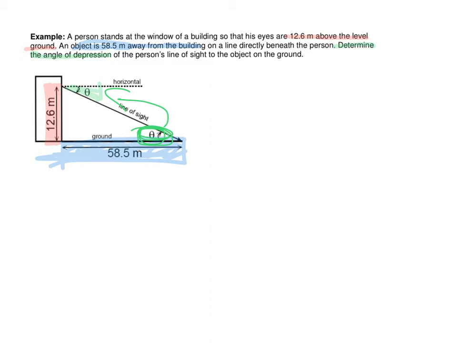So, if you're dealing with an angle of depression question, set up your problem and then use the angle inside the triangle as your reference angle. Based on this, we have our opposite side and we have our adjacent side. Opposite and adjacent are a tangent ratio, so that means this question will be solved using tan.